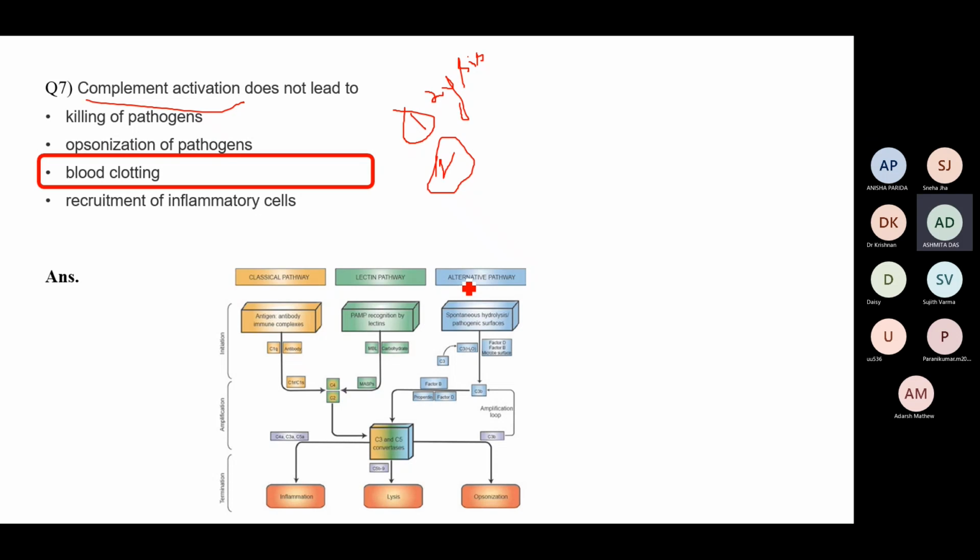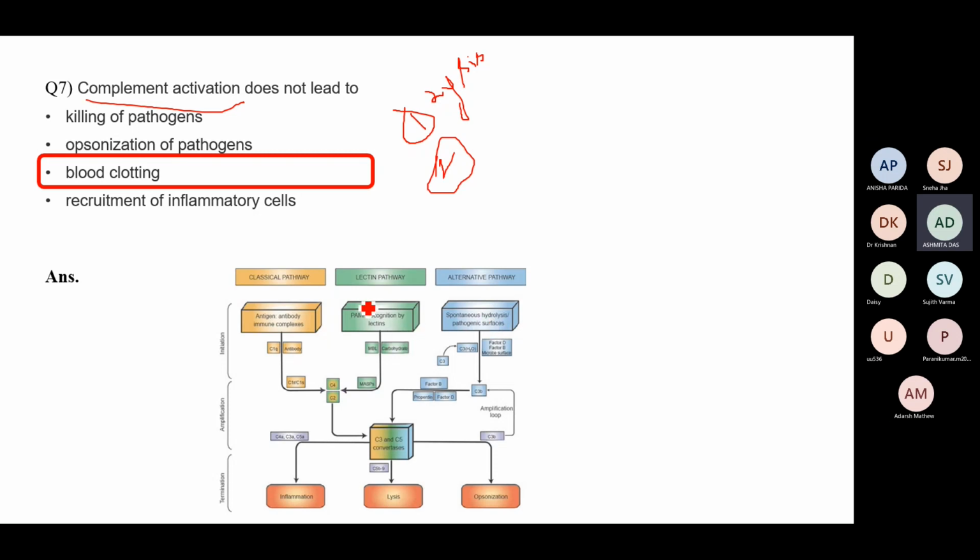In the case of the classical pathway, it is an antibody dependent pathway, triggered by the formation of soluble antigen antibody complex or binding of the antibody to the antigen present on the target cell surface. Whereas the alternative pathway is a spontaneous hydrolysis process, directly activated by pathogens or antigens, that is the bacterial cell surface components.